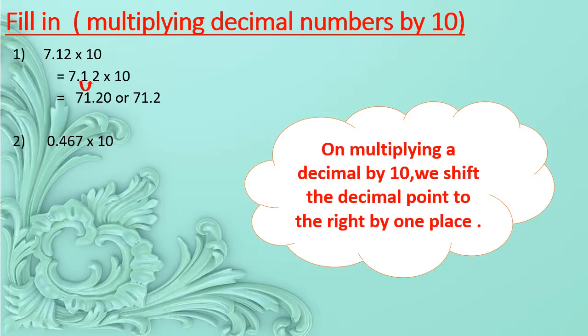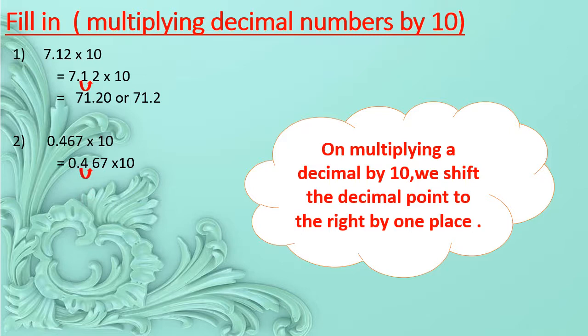Now the second question we will take is 0.467 multiplied by 10. Again, after the point we are having 3 decimal places. Whenever we multiply by 10, we will shift the decimal point to the right by one place. The decimal is before 4, so this decimal point will be shifted to the right by one place.